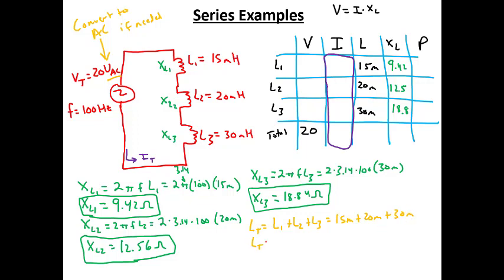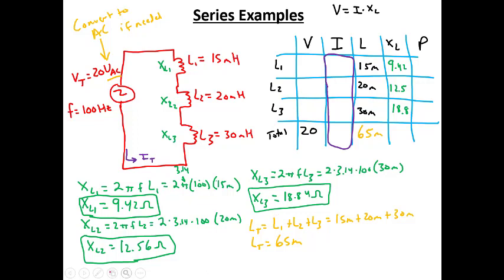So for L total, punch that in my calculator, 15 plus 20 plus 30, and I get 65 millihenries for this one.